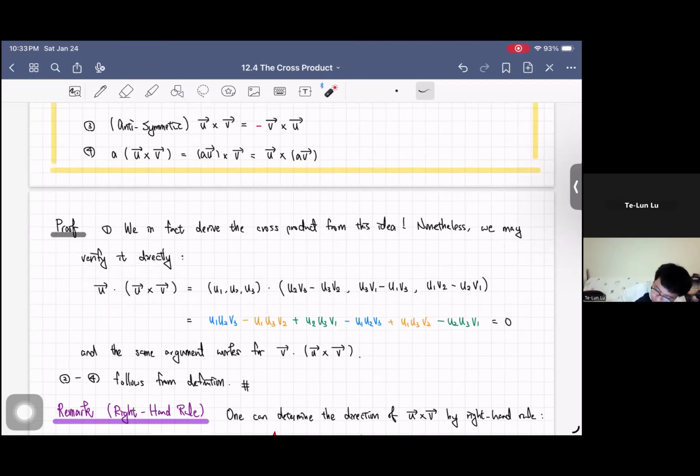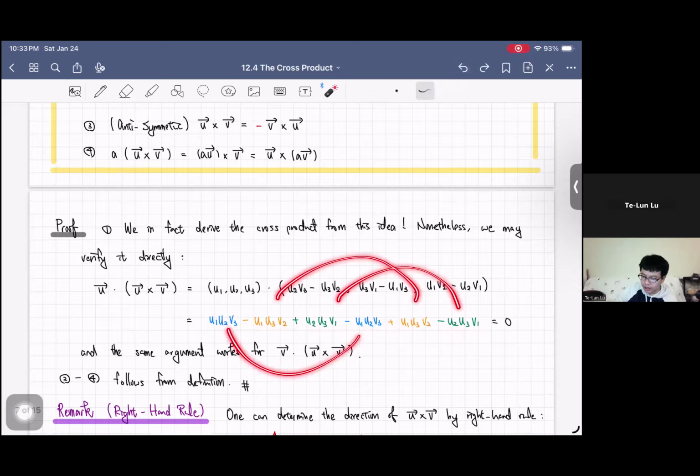So you see u1, u2, u3, and you have this large thing in the cross product representation of u cross v. After computation, you see that there will be 6 terms, and there are 3 pairs of things which get cancelled out, and eventually it is 0. Since the dot product between u and u cross v is 0, that means that they are orthogonal. And the exact same argument works for v, right?